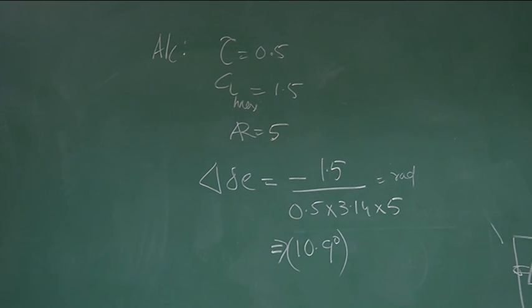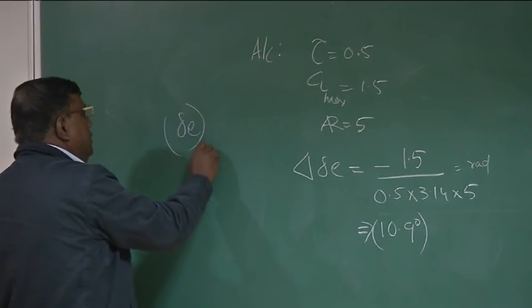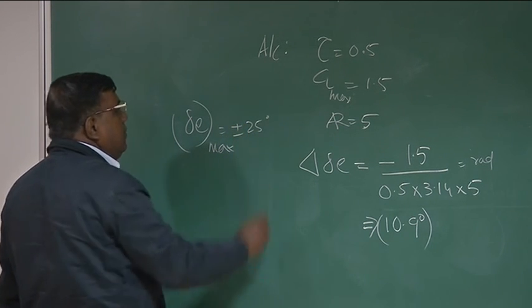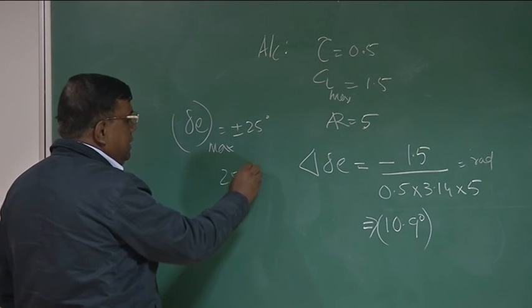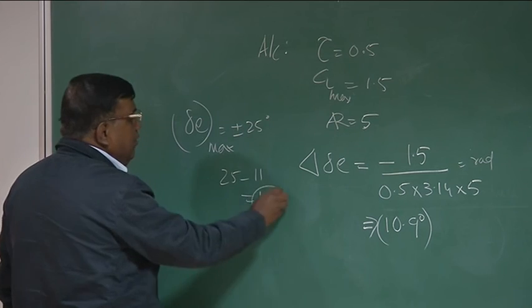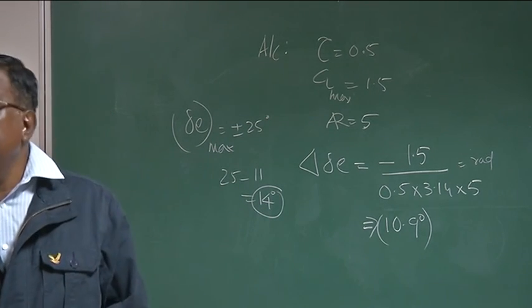What is the message? The message is, if your delta E max limit is, let's say, plus minus 25 degrees, then please remember that 25 minus 10.9, let's say 11, that is 14 degrees, is only available for you to trim in free air while landing.